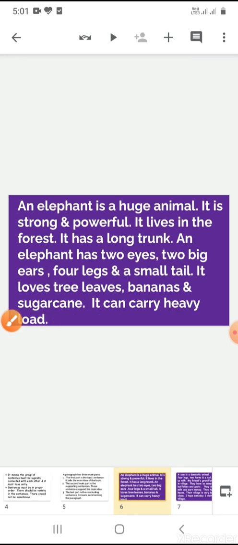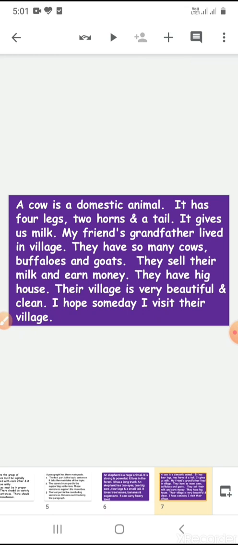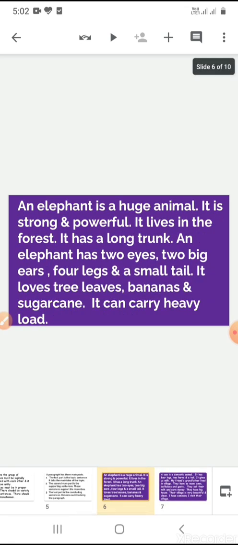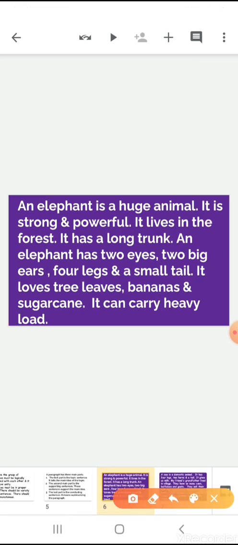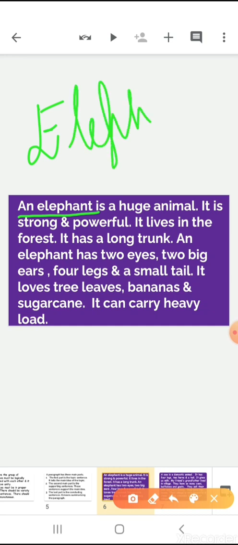So children, you have studied these two paragraphs, right? Now you will tell me which is a good paragraph. First of all, what is the topic sentence here? An elephant. Means you get an idea that this paragraph is related to an elephant. Right? Yes or no? Yes.